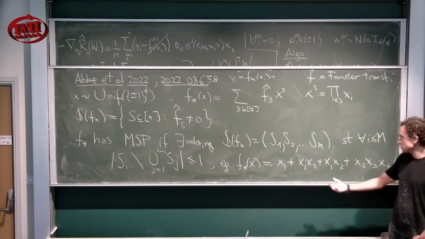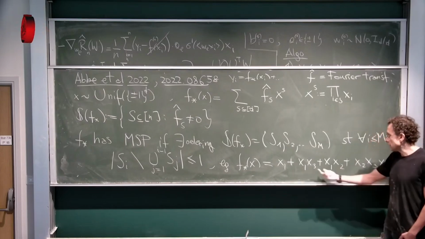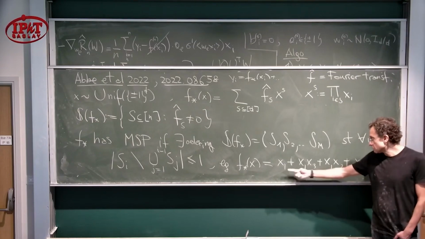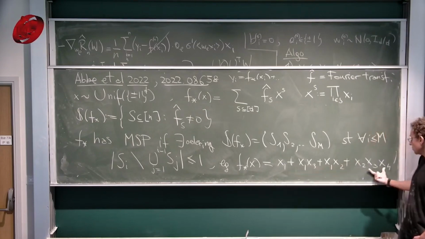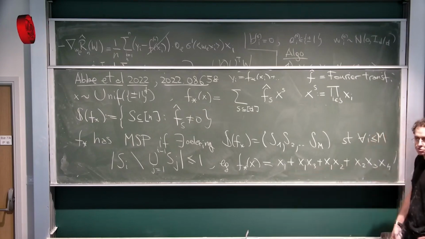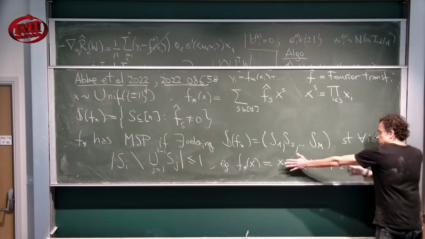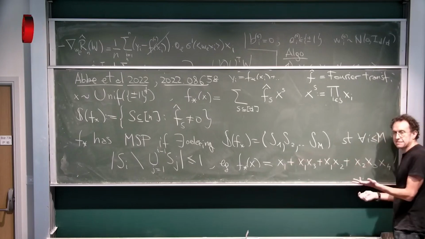Simple, because if you order them in this way, this has only one term that was not here, this has only one term that was not here, and this is only one term that is not here. So, of course, if you take just this monomial, that's harder.